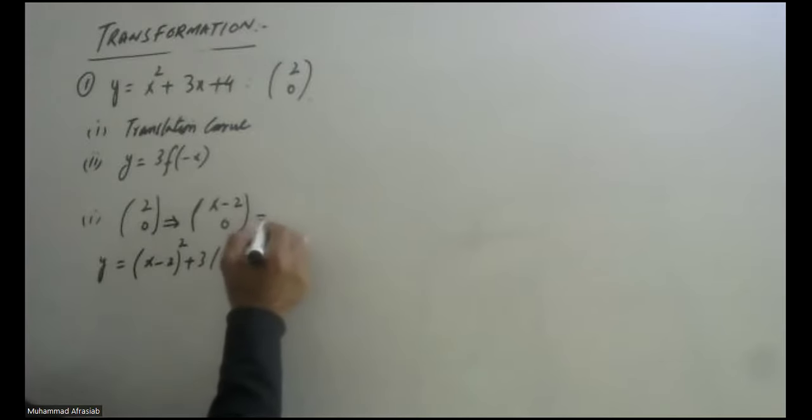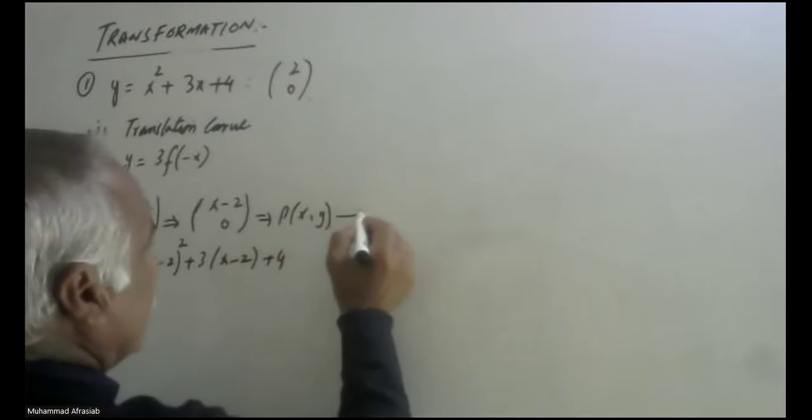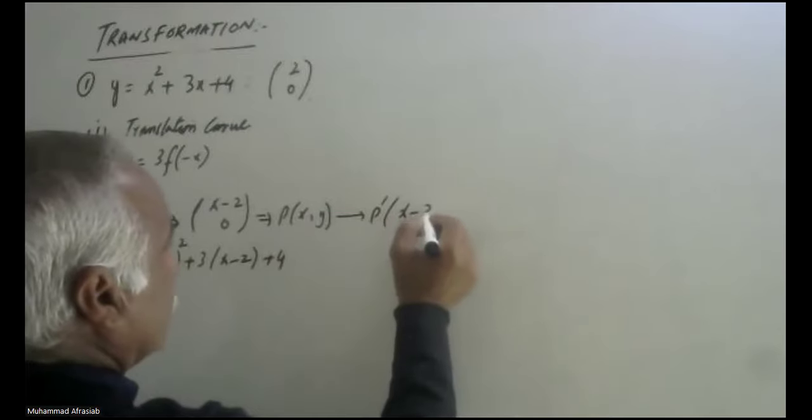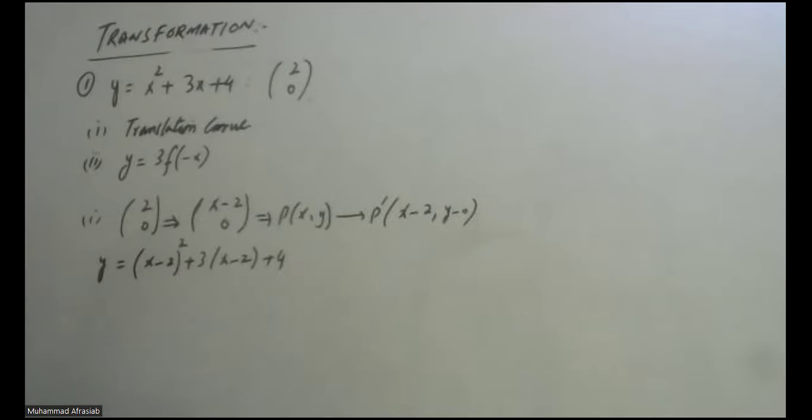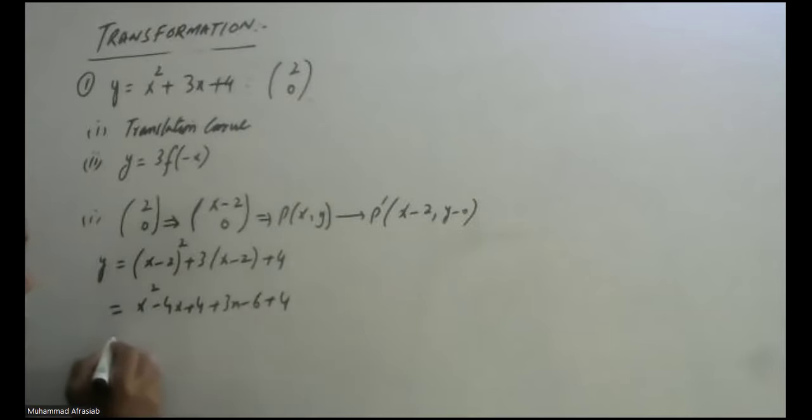Or in other words, if the point P is (x, y), then the image of that will be (x minus 2, y minus 0). So this will become x square minus 4x plus 4 plus 3x minus 6 plus 4, and that thing will be equal to x square minus x plus 2.